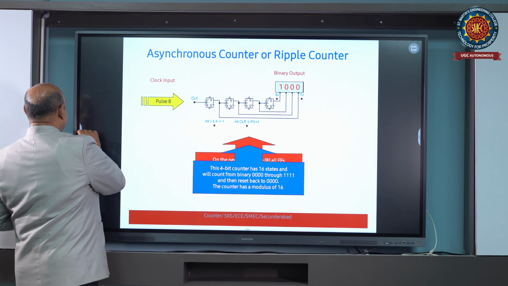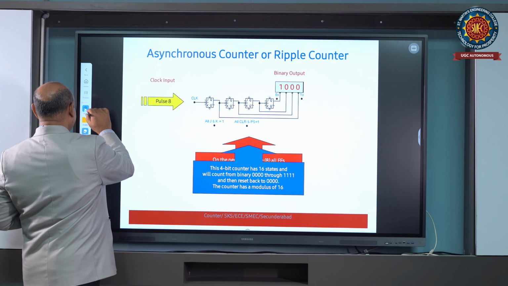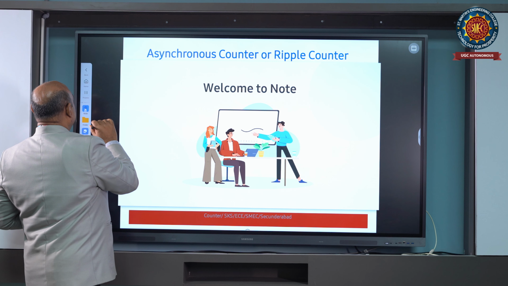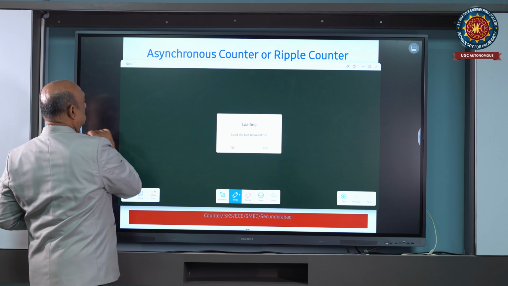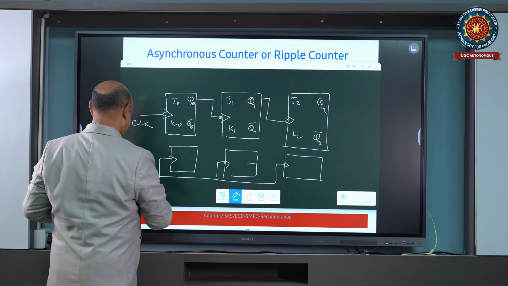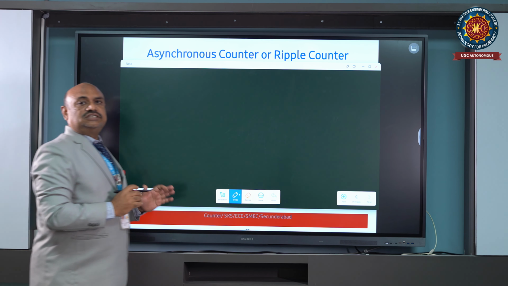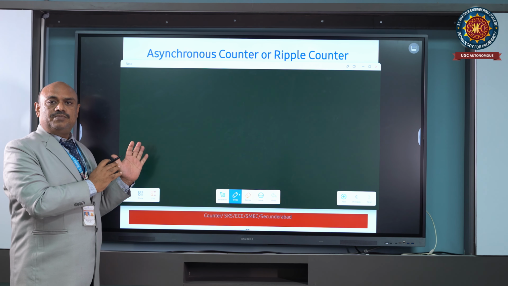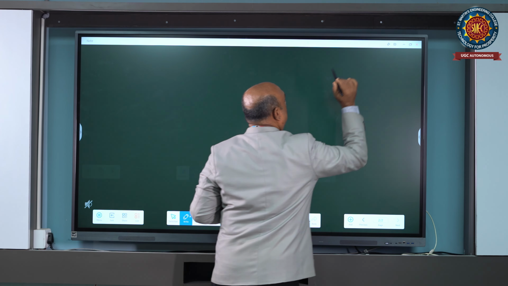Similarly, now we'll give some examples for the modulus of a counter. For the modulus of a counter, we'll take one small example. The same up counter can be used as a modulus counter.